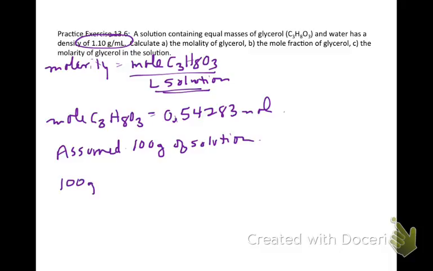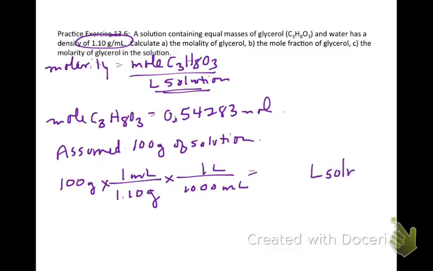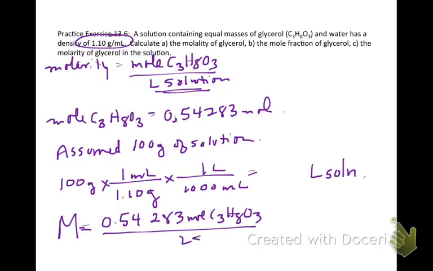If I take that mass of the solution and I use the density, can I get to the liters of the solution? Yes. And once I get the liters of the solution, then the molarity of the solution is going to be equal to those moles of the solute over the liters of the solution.